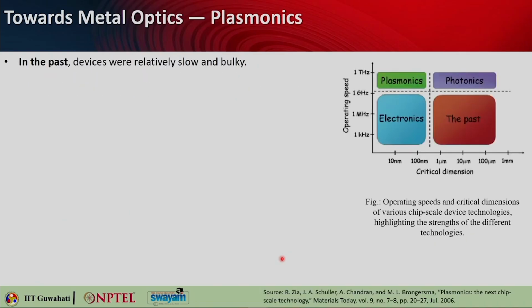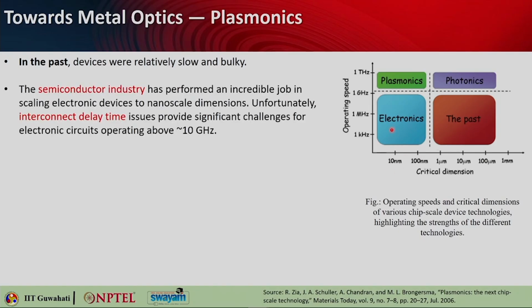Now, in the past the devices were relatively slow and bulky. Most of you have not seen this particular era. We are people of the era of electronics as well as photonics. So, we have seen the semiconductor industry perform incredibly well to scale down the size of electronic components to nanometer scale.